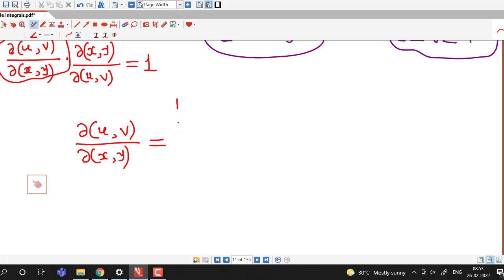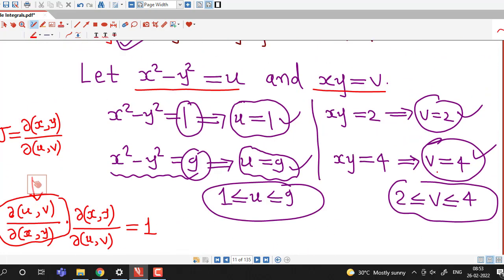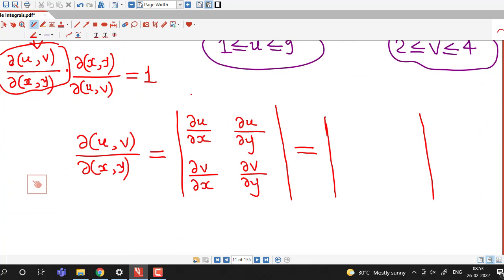By the definition of Jacobian, this is a determinant of order 2. First row will be partial derivatives of u with respect to x and y, del u by del x, del u by del y. Second row will be partial derivatives of variable v with respect to x and y, del v by del x, del v by del y. Now we have expressions of u and v in terms of x and y. U is x square minus y square, therefore del u by del x will be 2x and del u by del y will be minus 2y.